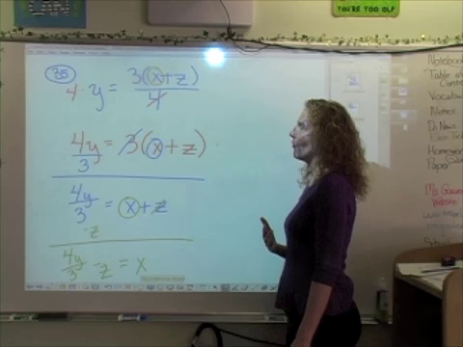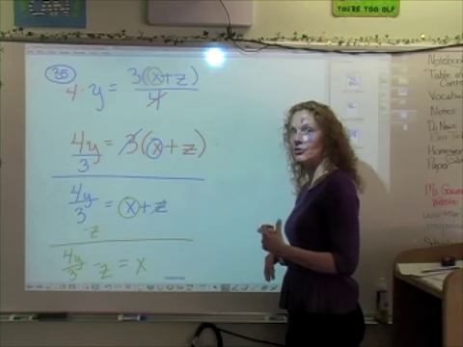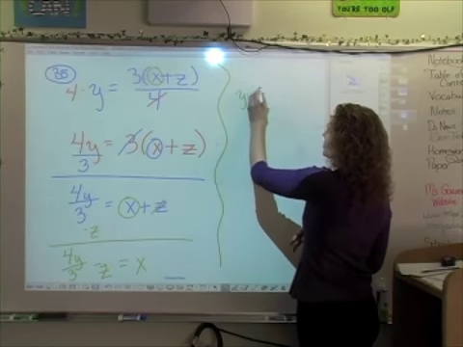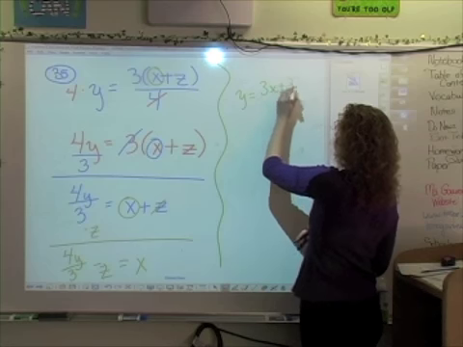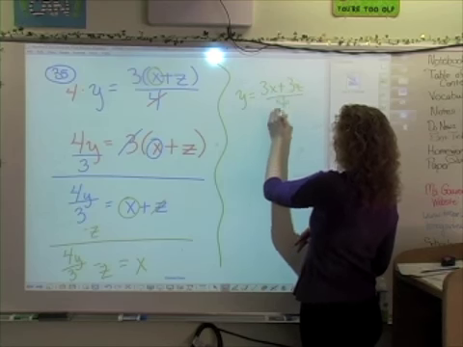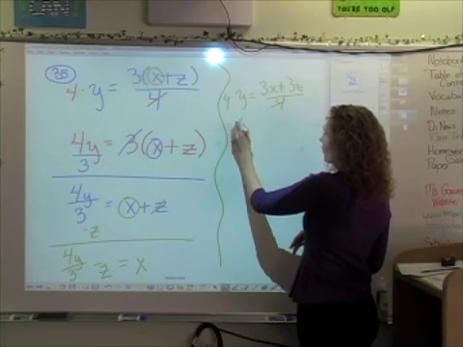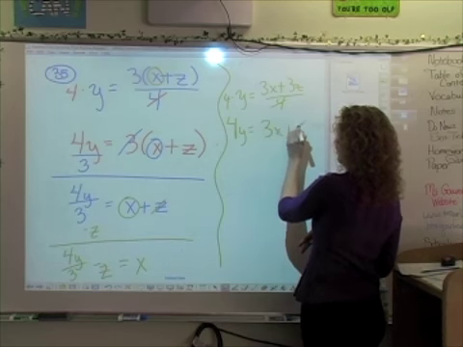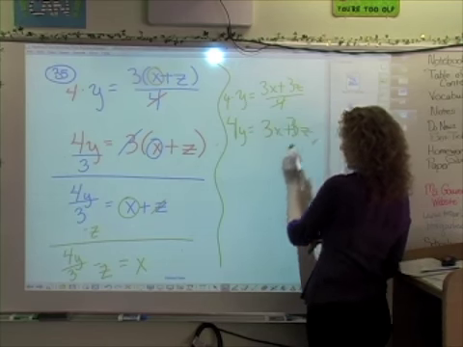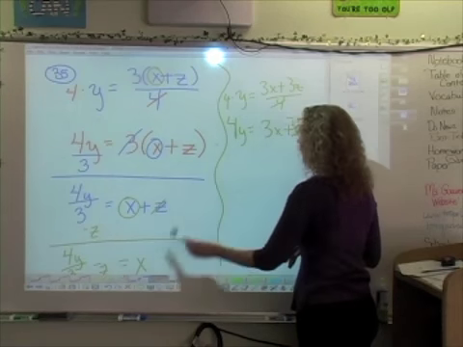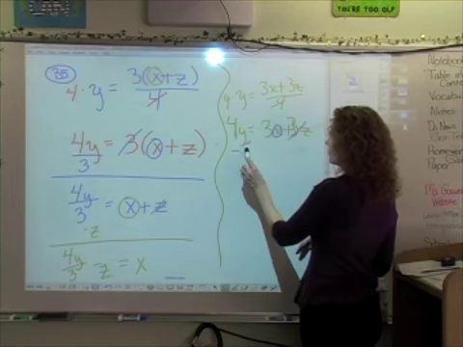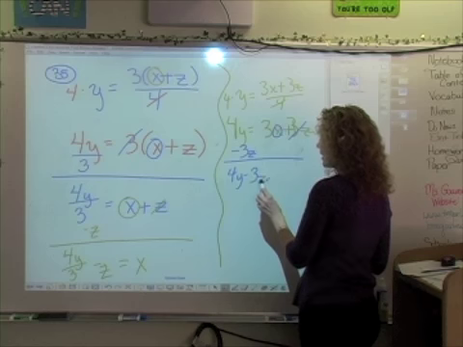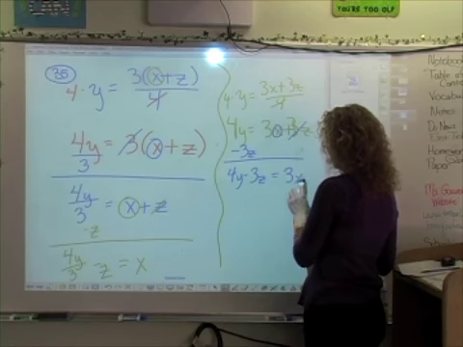Now again, you may have some students who try to go ahead and distribute that 3, trying to look for something equivalent. If you distribute that, you get 3x plus 3z. Multiplying by 4, you have 4y equals 3x plus 3z. At this point, if I'm still solving for x, I'd have to subtract the 3z. 4y minus 3z equals 3x.